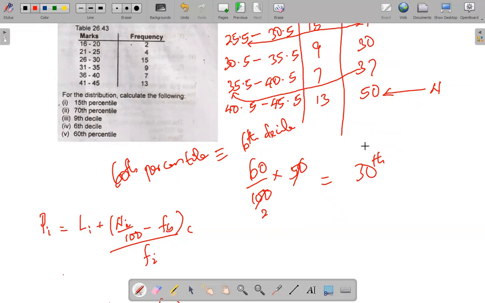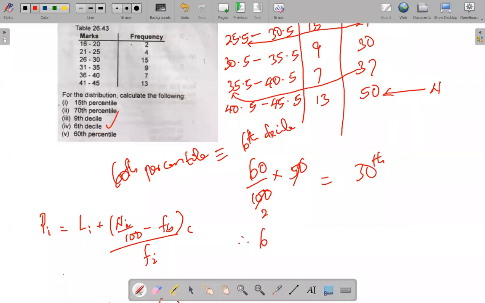So we don't need to calculate further because I still have the 30th position here, meaning my 60th percentile should be the same as the sixth decile we calculated earlier. So no need of calculation here.